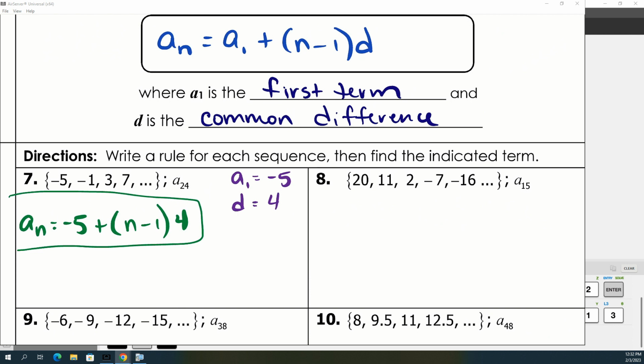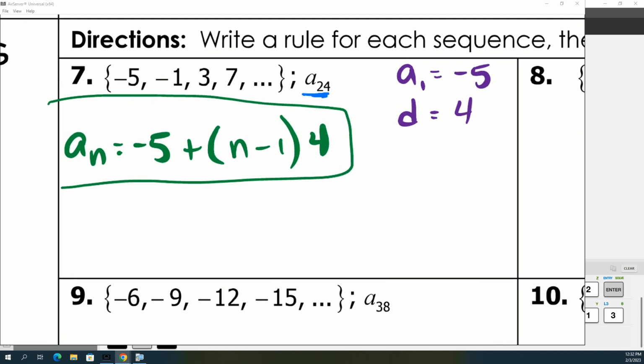And then the second part of this is to find the indicated term. So they're asking us to find the 24th term. So we're going to take that 24 and just put it in for n.